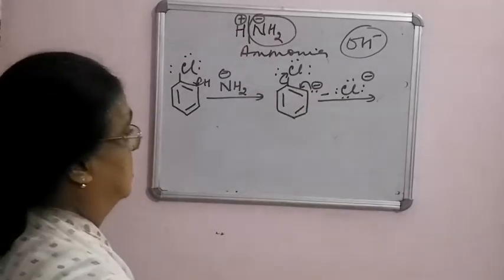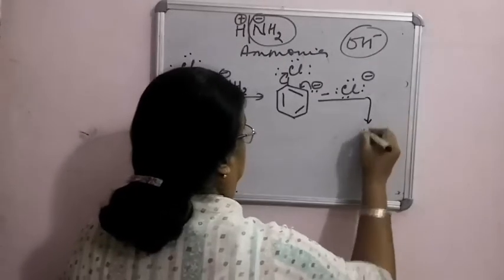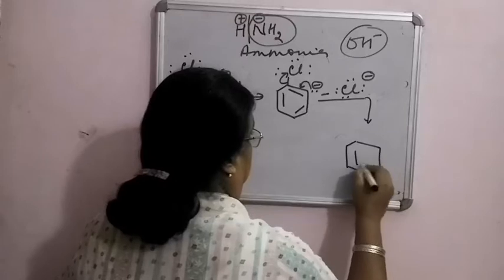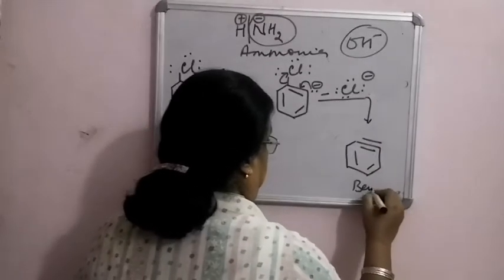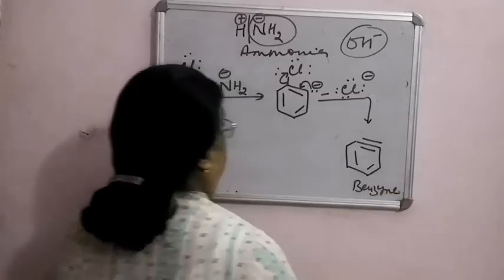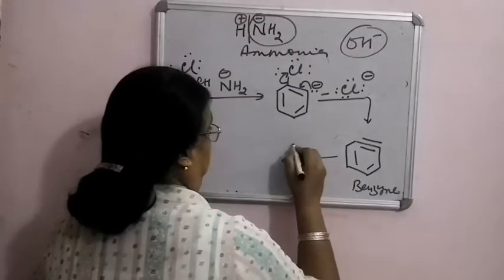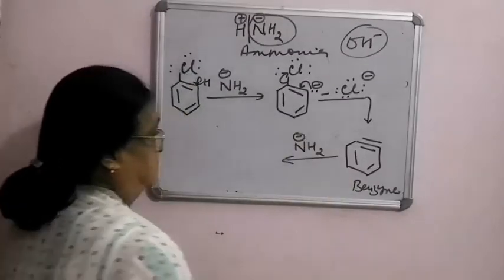And what we will have is a 1, 2 triple bond, again a benzene molecule. Now this benzene will combine with NH2 negative.